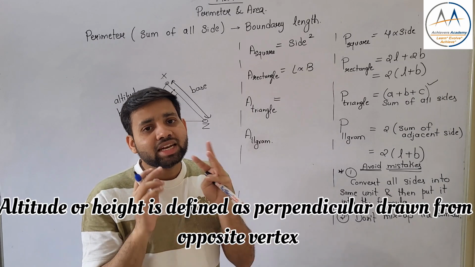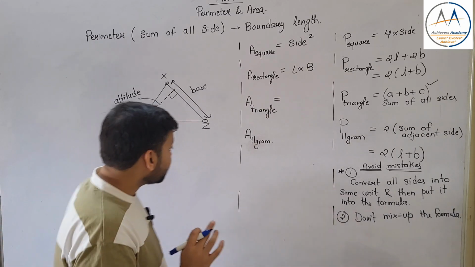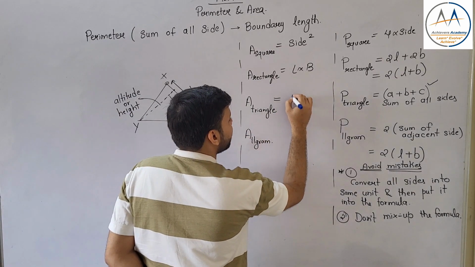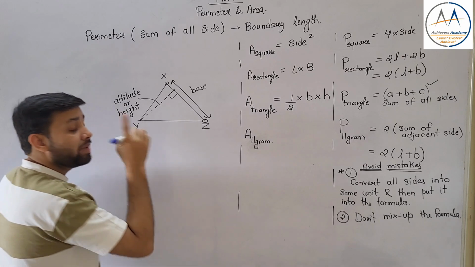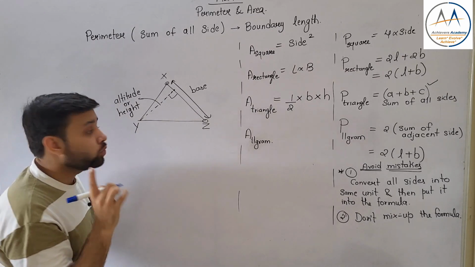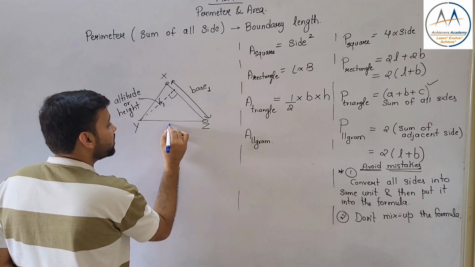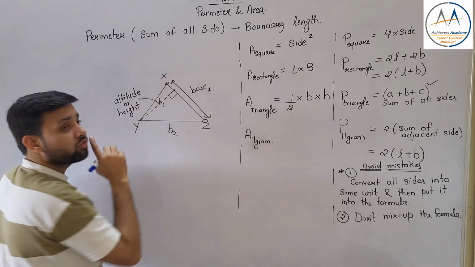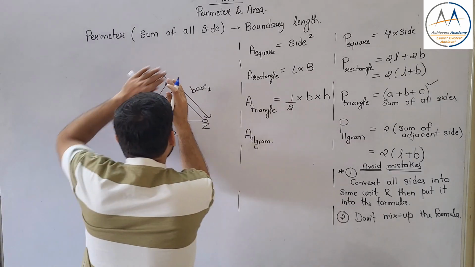Then convert everything into the same unit. So what is the area of a triangle? You all know, 1/2 base into height, but base and height correspond to each other. This is base 1, this is height 1. If this is base 2, from which point will the height be drawn? You will write in the comment box. I'll draw it by hiding it quickly.